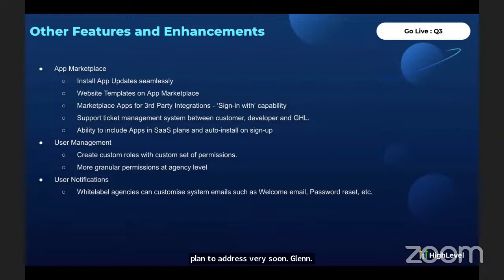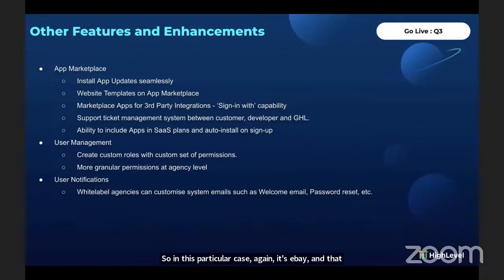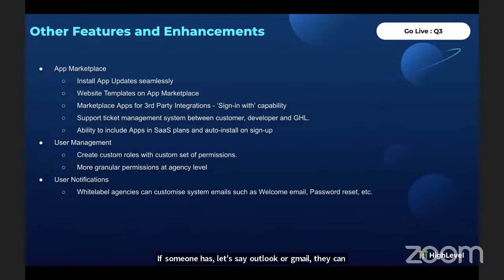Yeah, no, that's good. Here's the other thing that we ran into that I can't imagine other people aren't running into. In this particular case, it's eBay, and that may be unique. But if someone has, let's say, Outlook or Gmail, they can have those eBay messages flow into their inbox, and they can reply from their inbox.